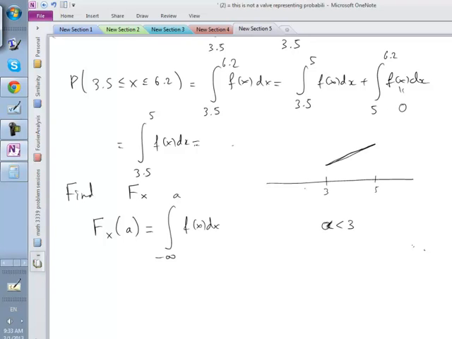If a is here, then you understand that this is 0. So in this case, the whole integral should be equal to 0. Now let's look at F sub X of 3. This would be the integral from negative infinity to 3 of f of x dx.